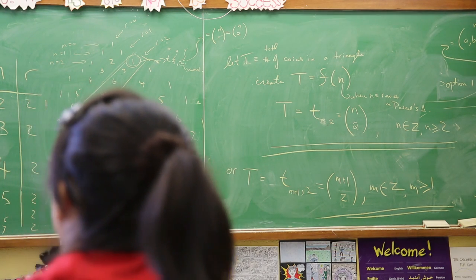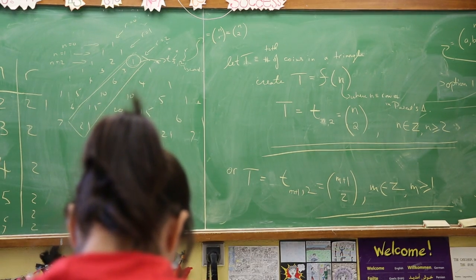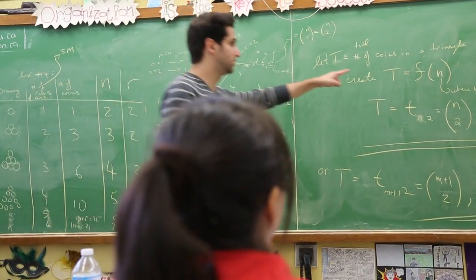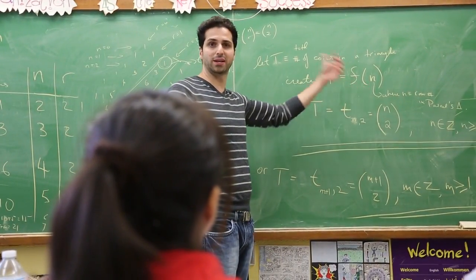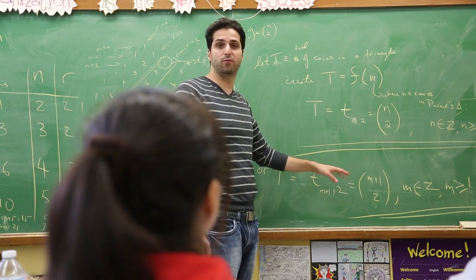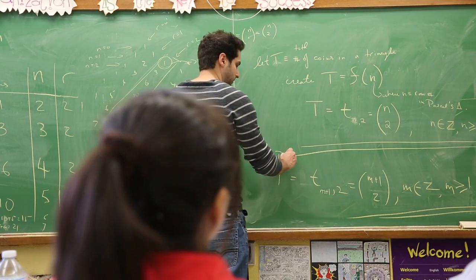So all you have to do is just make the function fn instead of f of n. No, if you're going to write it in terms of n, where n is the row number in Pascal's triangle, this is fine. If you're going to write it in terms of physical row number of coins, then this is fine. It depends.